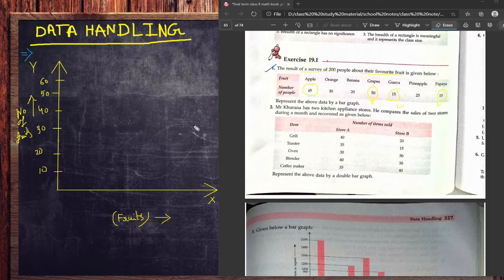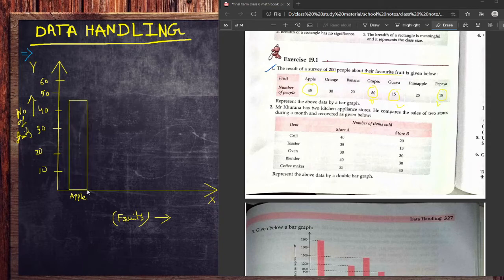Now we have to start from the first one, so we are starting from apple. You have to write it like this, apple. Then you have to draw one bar over here. How much apple is counted in that survey? That is 45, which will start between 40 to 50.